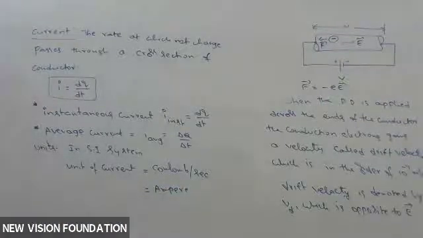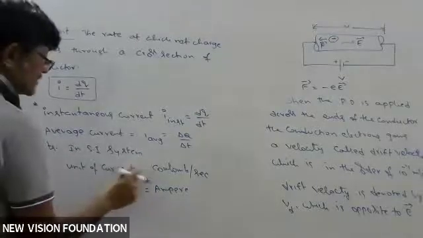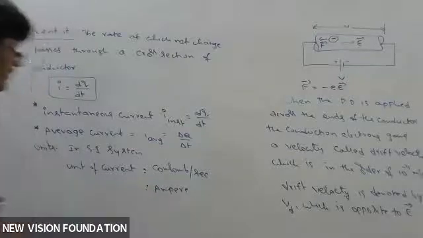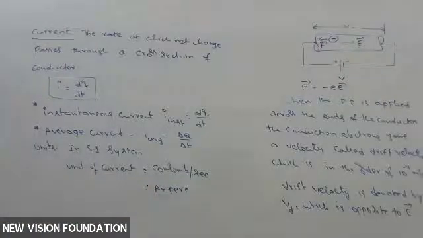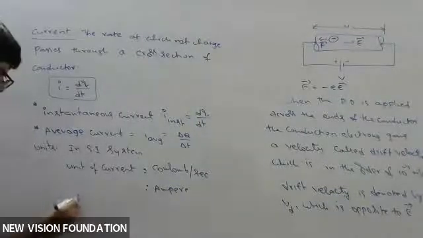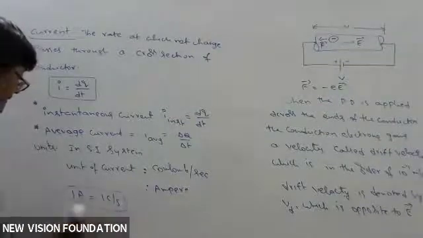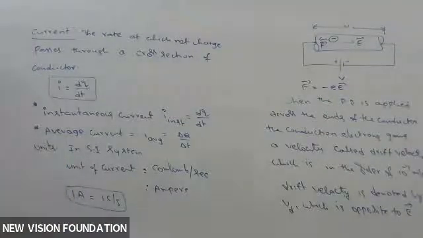So unit of current is ampere. In SI system, it is one of the fundamental units. So 1 ampere is equal to 1 coulomb per second.